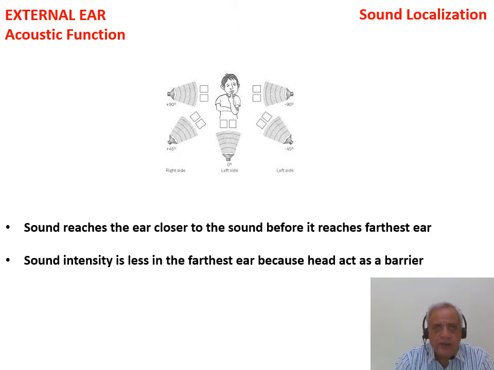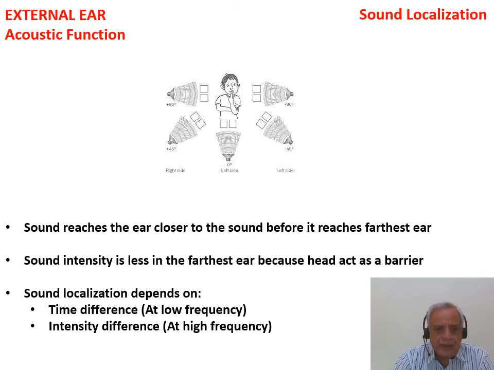And of course, the intensity of the sound in the ear nearest to the sound will be higher than in the other ear, because the head is acting as a barrier. So sound localization depends on the time difference when the sound arrives at each ear, and on the intensity difference, because the sound will be louder in one ear than the other.